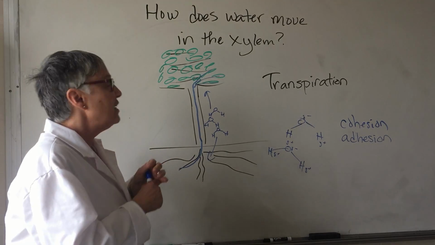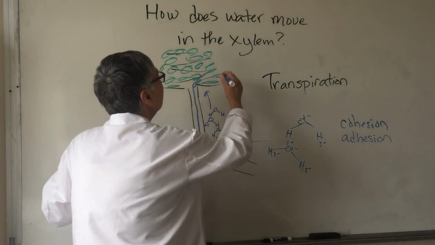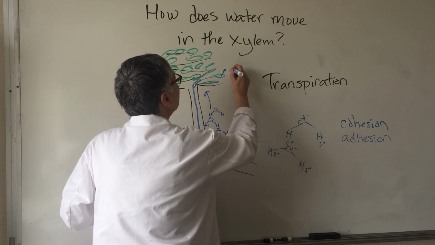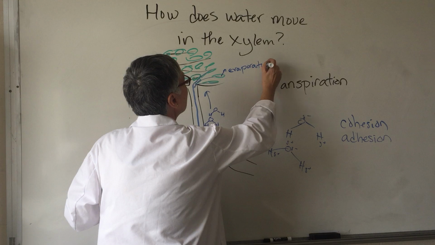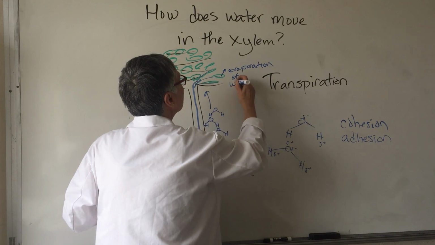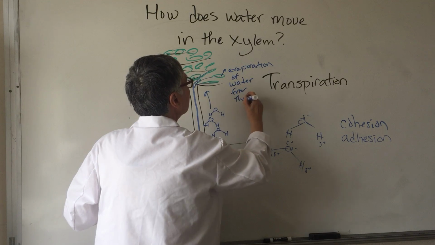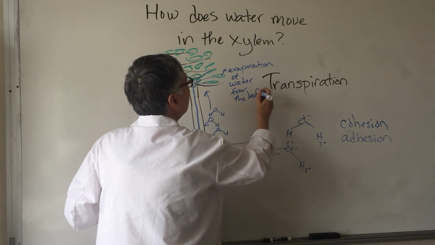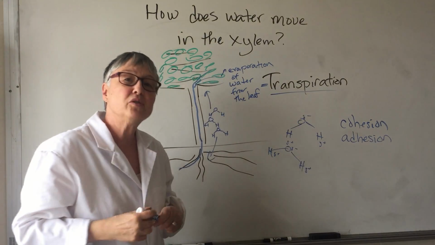Now, what sets the movement going is the evaporation of water from the leaf. And that evaporation is technically called transpiration.